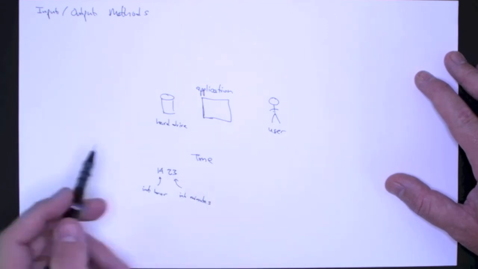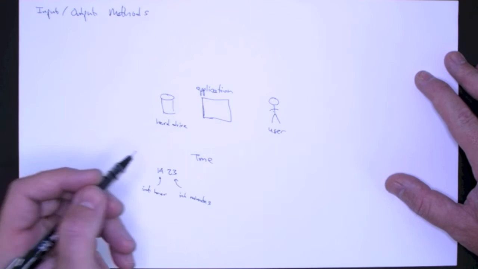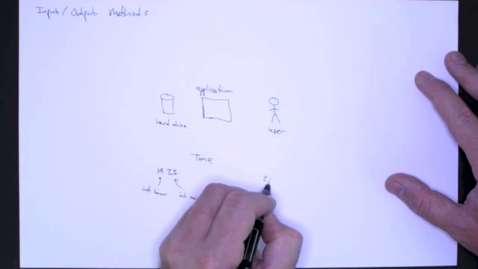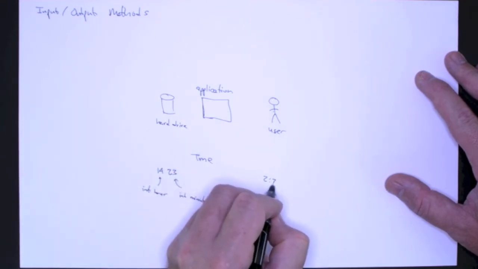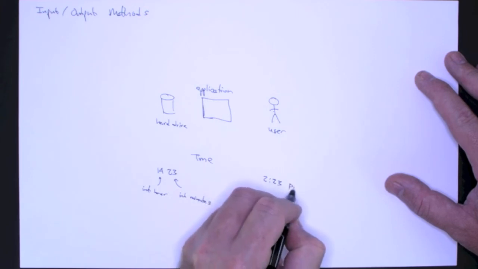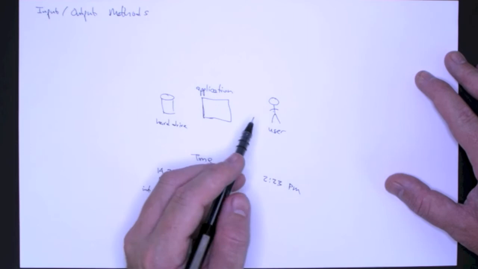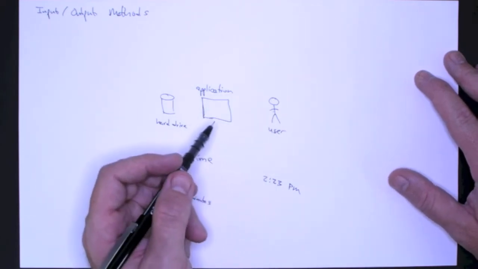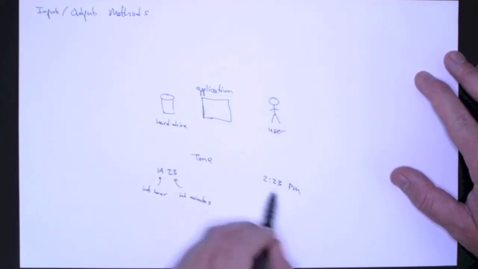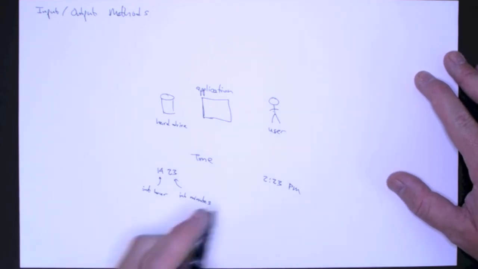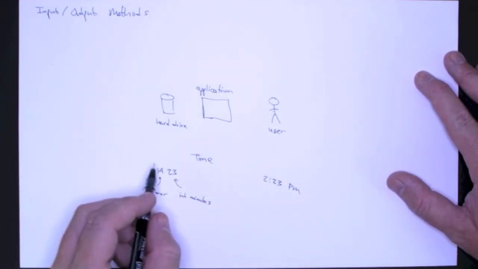But to the user, you're actually presenting the time like this, because maybe that's just how the application works, or maybe the user in his or her preferences has said that they want time to appear in this format. Look what we're doing here.